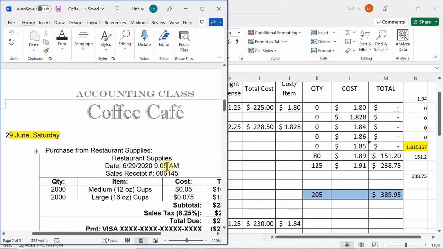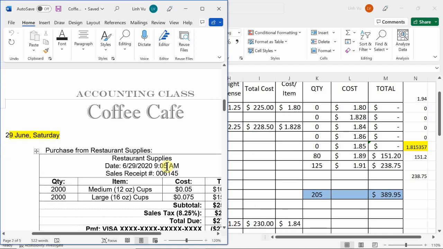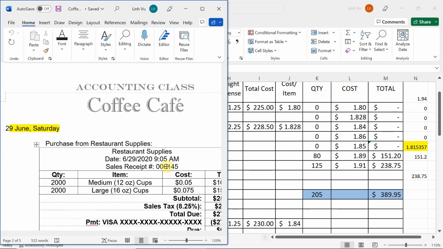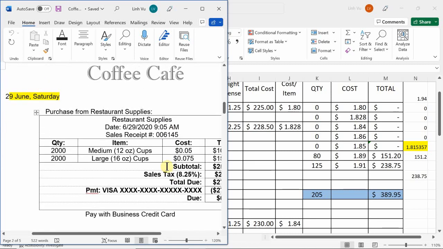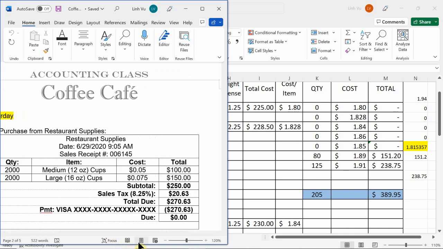So here is we purchased from Restaurant Supplies some medium coffee cups and some large coffee cups. We purchased 2,000 of them at 5 cents each, which gave us $100.